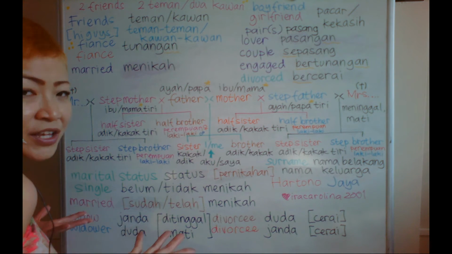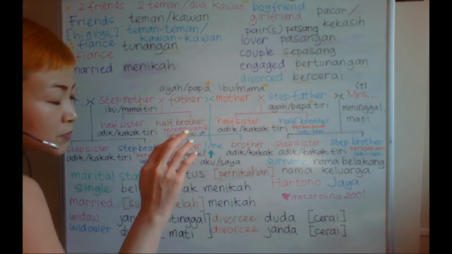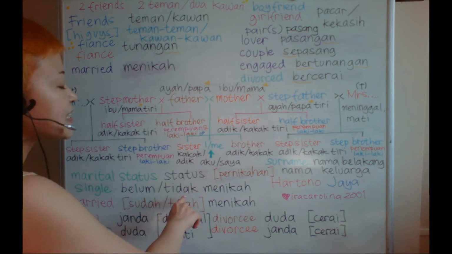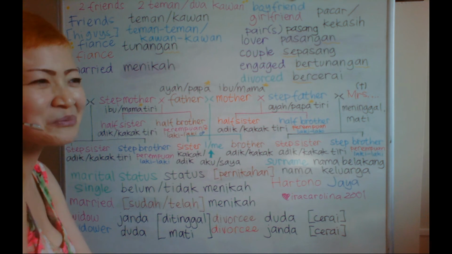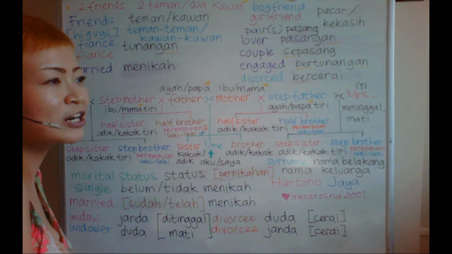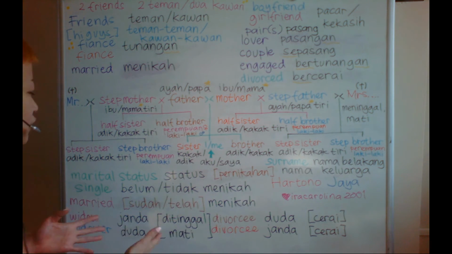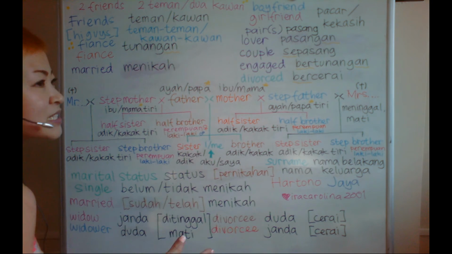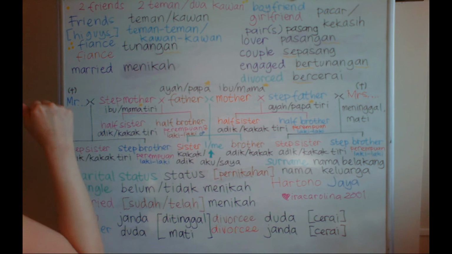But sometimes we also find it's automatic in the ID card or other legal documents. Even though we are not yet married, the government or people there write tidak menikah, not married. So sometimes it feels like, it's not that we don't want to, it's not yet. We really want to say not yet married instead of don't want to or not married.